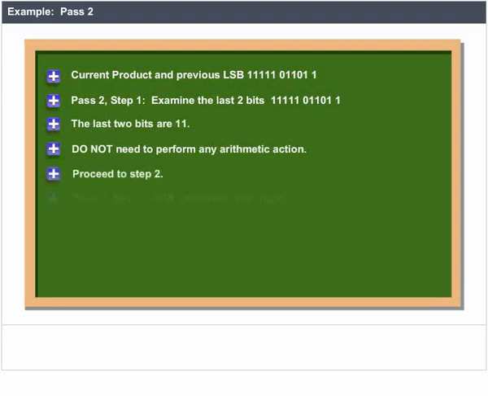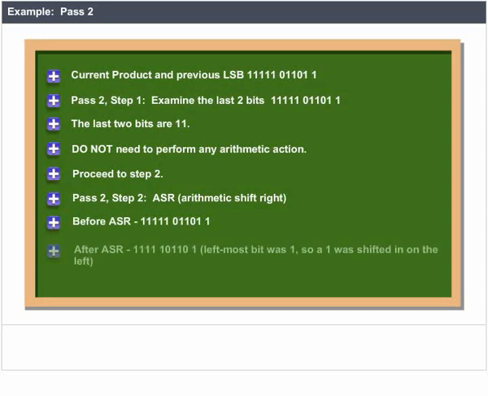Proceed to Step 2. Pass 2, Step 2. ASR, arithmetic shift right. Before ASR: 11111, 01101, 1. After ASR: 11111, 10110, 1. The leftmost bit was 1, so a 1 was shifted in on the left. Pass 2 is complete.